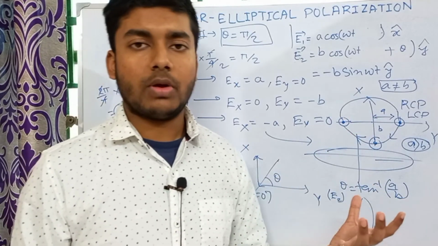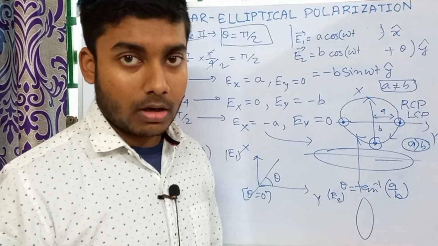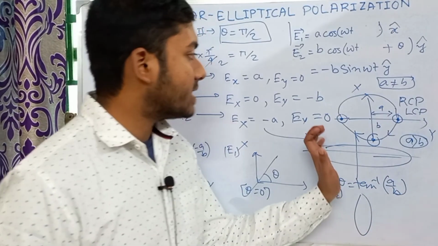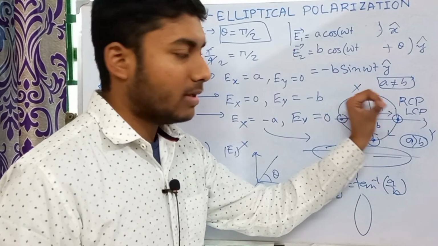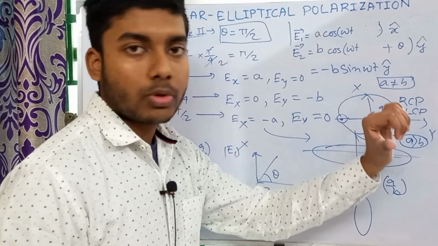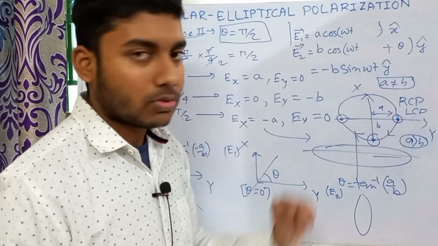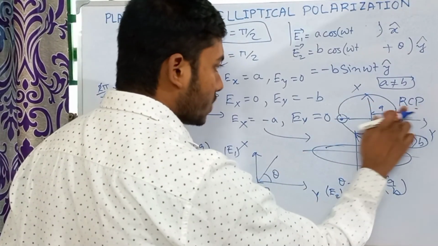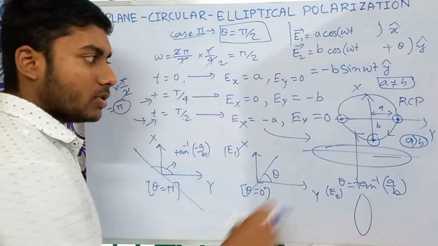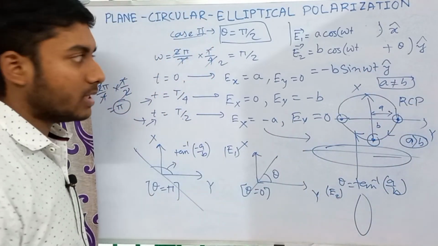If you put your left hand, you will get the direction of the propagation. So this is left circularly polarized using the momentum convention. Now, I am considering the optical convention, so this is our right circularly polarized light.